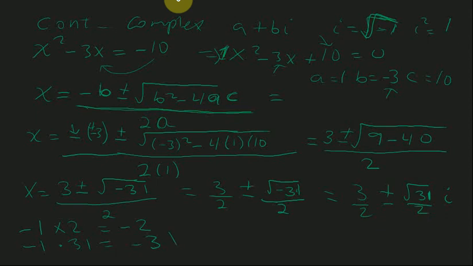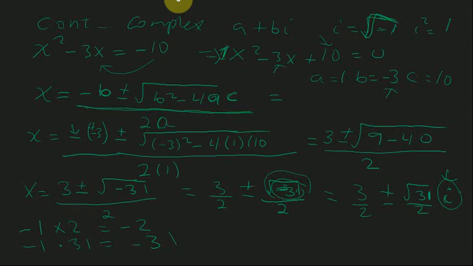Since you have the square root of negative 31, you just put the i there, because this is a negative 1, and negative 1 times 31 gives you back negative 31. Just to indicate you're working with complex numbers, you have the i, as we talked about.